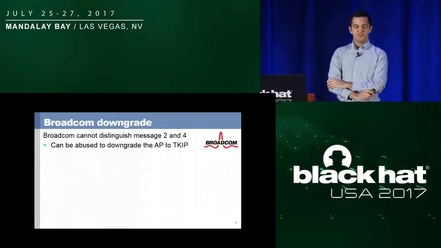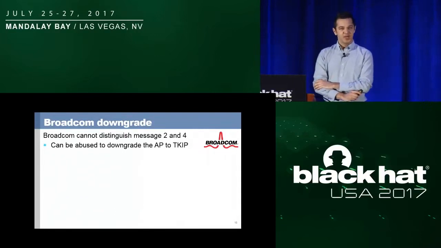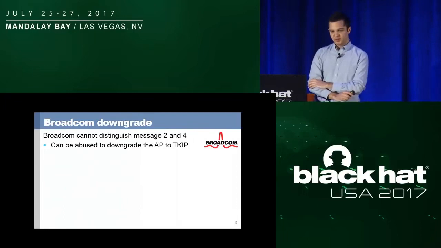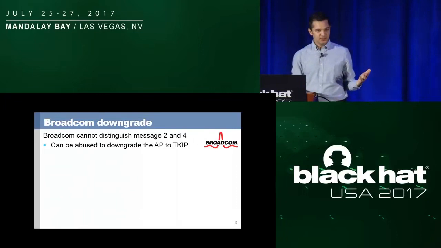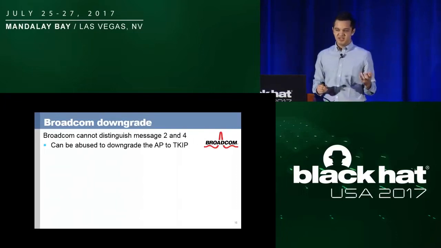The next attack is a downgrade attack against Broadcom. The vulnerability that we exploit here is that the implementation of Broadcom cannot differentiate basically message 2 and 4 of the handshake. So what do I mean with this?